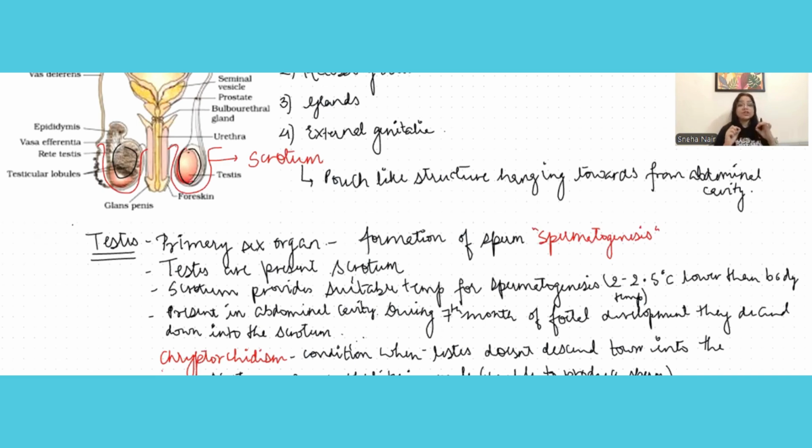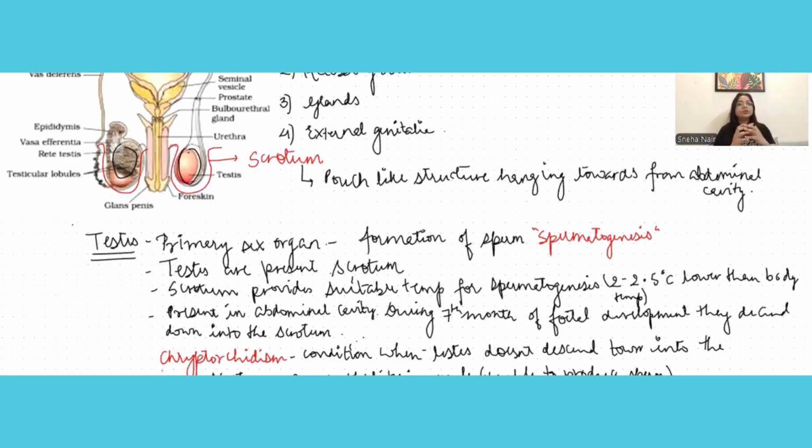The seminiferous tubule is the actual site of sperm formation, that is spermatogenesis. Inside the seminiferous tubule, there are two types of cells. Number one, the primordial germ cells or spermatogonia, which will form the sperms.